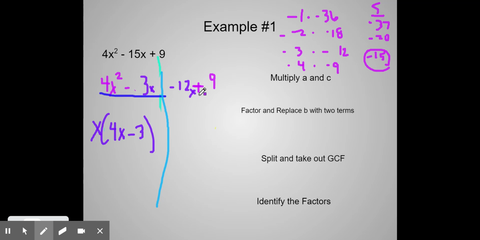Right? Over here, I can factor out a -3. I'm left with 4x minus 3 as well. So I can see that, hey, both of these quantities are in common.